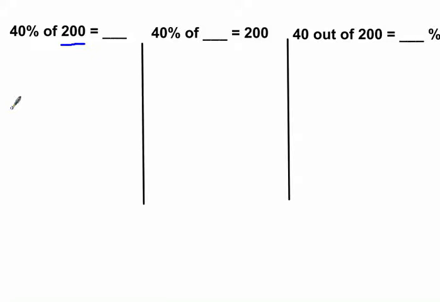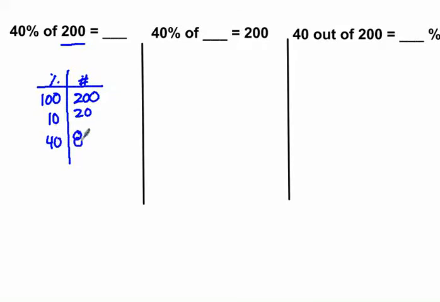We know, in this case, 100% of our number would be 200 because 200 is our whole. So when we want to find 40% now, we can go straight from 100 to 40 if we want, I think probably by dividing by 2.5, or we can take a simpler route and just go to 10% would be 20. And then 40% would be 4 times that, so 80.